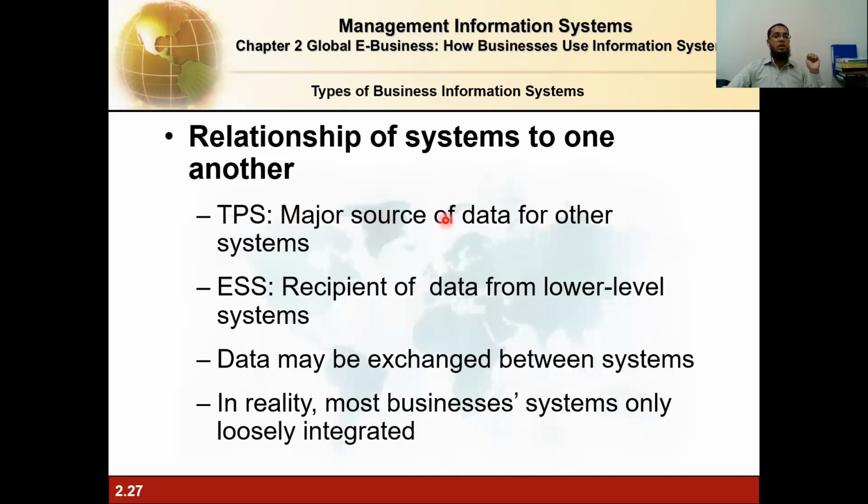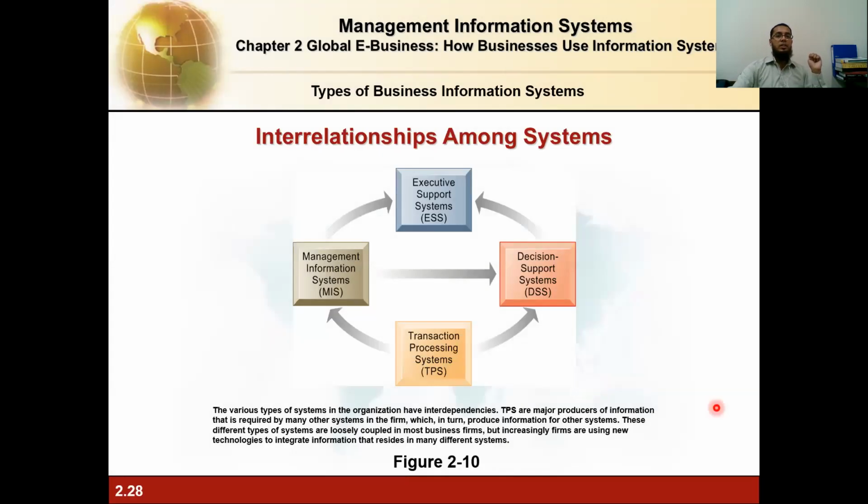Then the relationships of the systems to one another. TPS is the major source of data for other systems. The executive support system is the recipient of data from lower-level systems. Data may be exchanged between the systems. In reality, most business systems are only loosely integrated. We have TPS, and it gives data to the MIS and DSS.